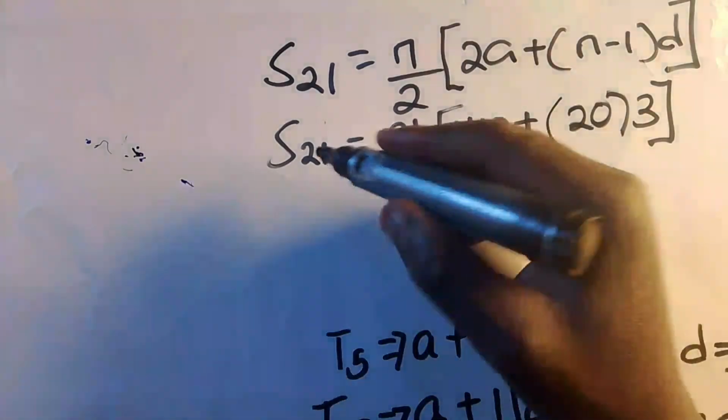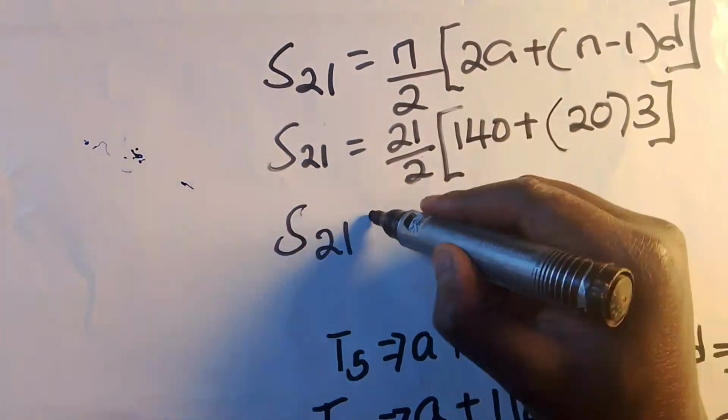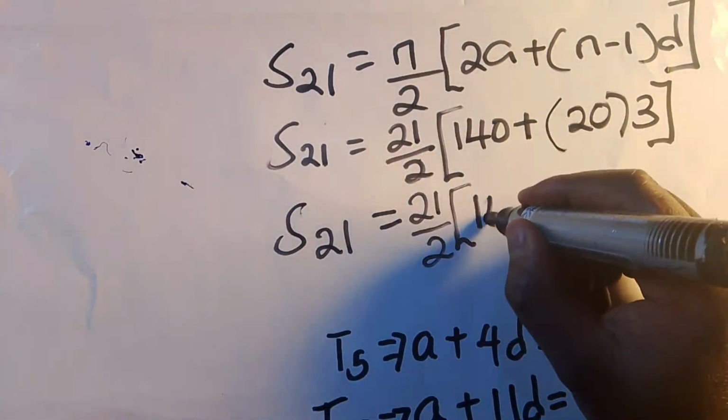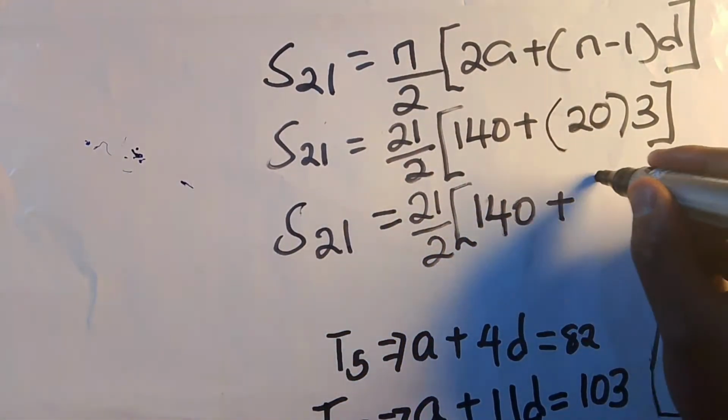Therefore, the sum of 21 will be equal to 21 over 2 multiplied by 140 plus 60.